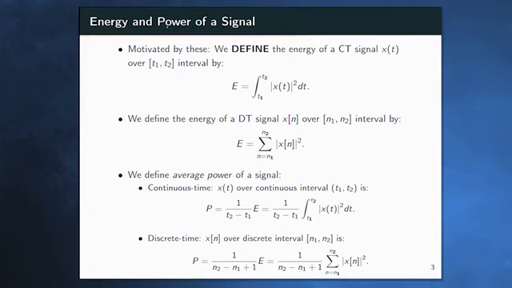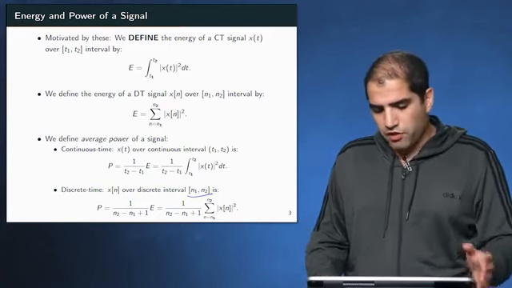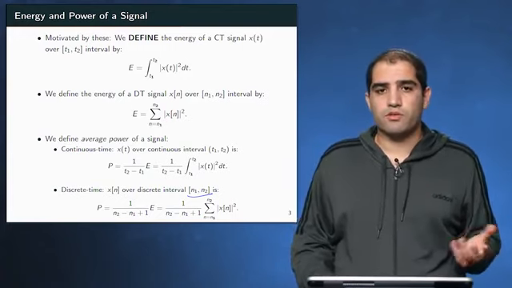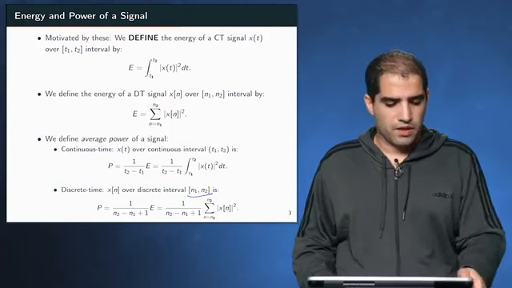One thing to note is that the number of points in the n1, n2 interval is n2 minus n1 plus 1, because we are also including the beginning point of this interval. So if n1 is negative 1 and n2 is 1, we have 3 points, negative 1, 0, and 1 in this interval. And we define the instantaneous power to be basically the absolute value of the signal square.